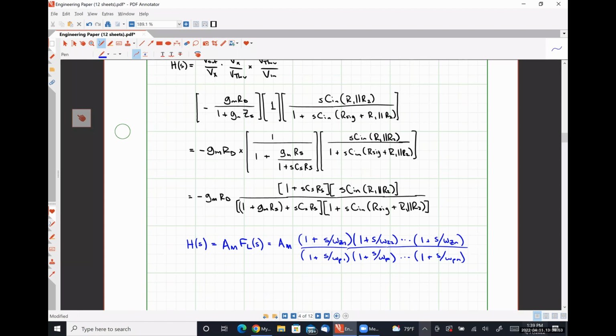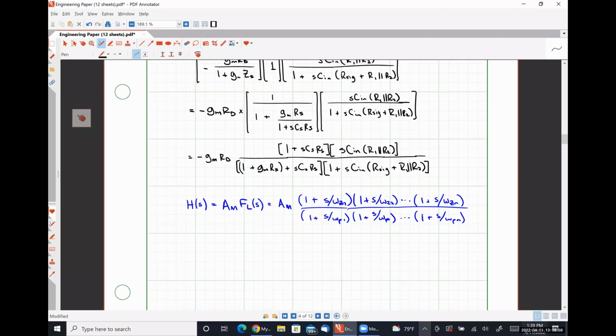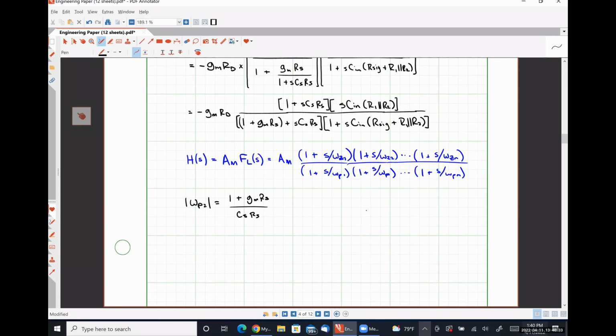Okay. So from our transfer function, our amplifier has a pole omega P2 at 1 plus GMRS divided by CSRS.